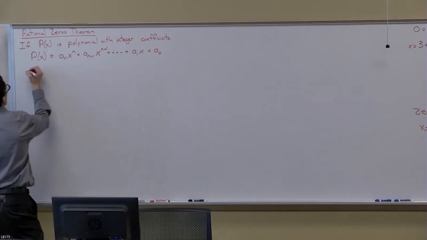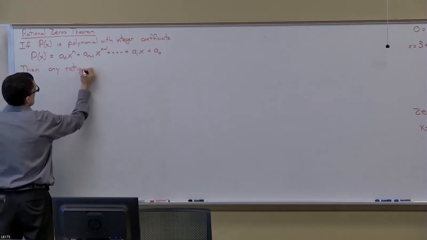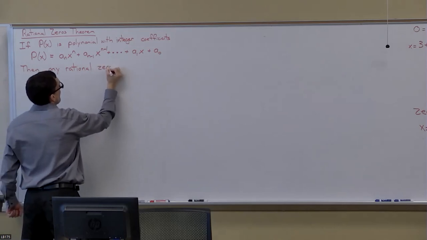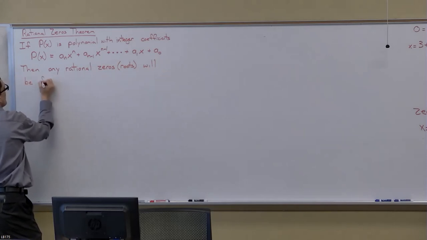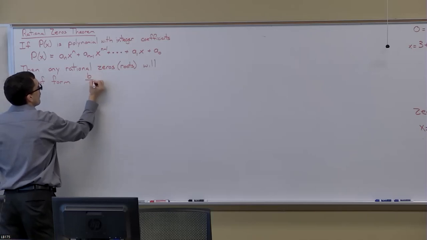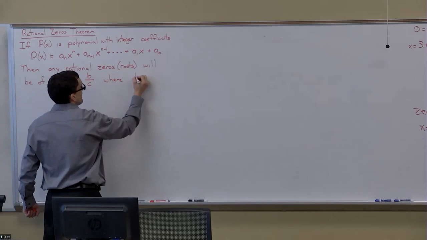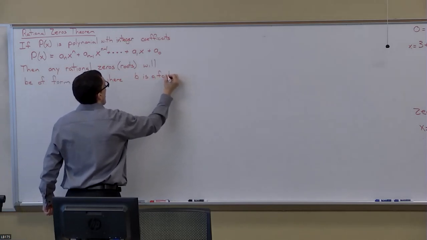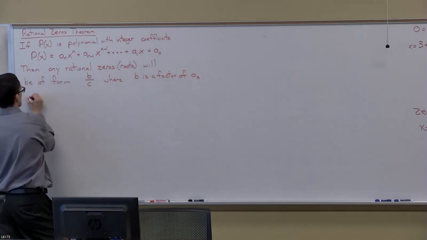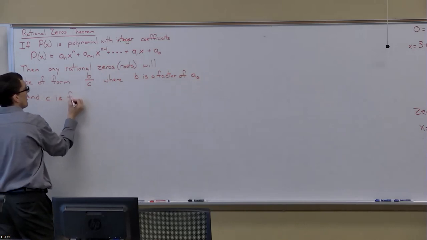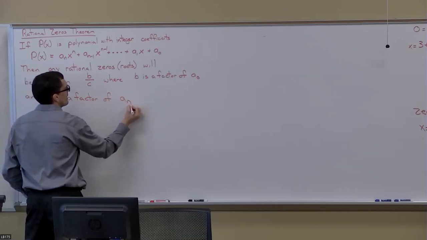So if I have this, then any rational roots or rational zeros will be of the form b over c, where b is a factor of a sub 0 and c is a factor of a sub n.